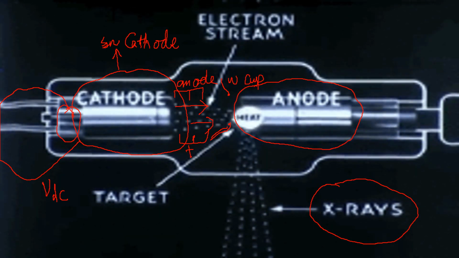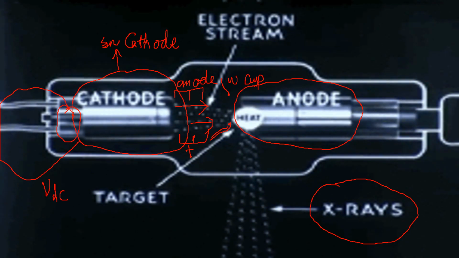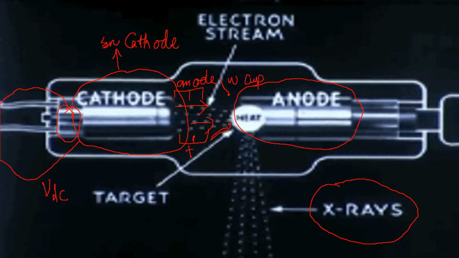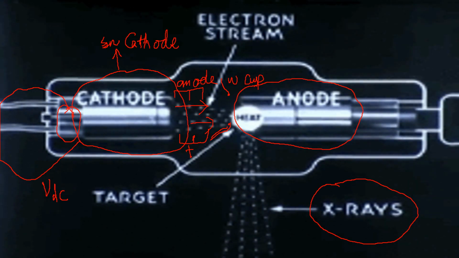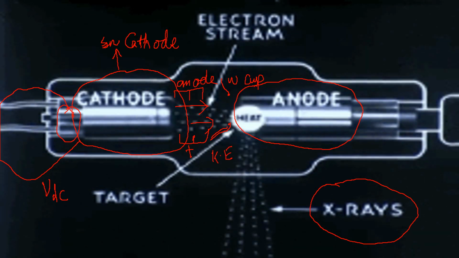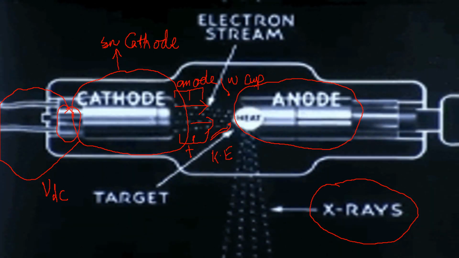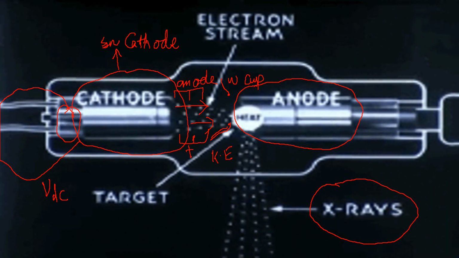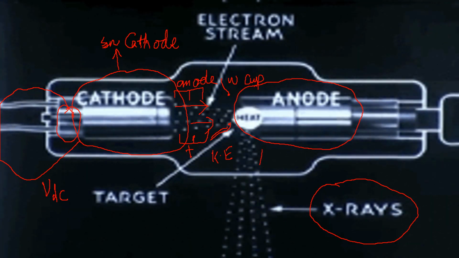So in order to discuss continuous X-rays, when the beam of electrons falls on the surface of this anode, the electrons have a certain kinetic energy Ke, and this Ke, when interacting with the surface of the anode, will decrease, and the kinetic energy will be converted into Ke dash, like this.